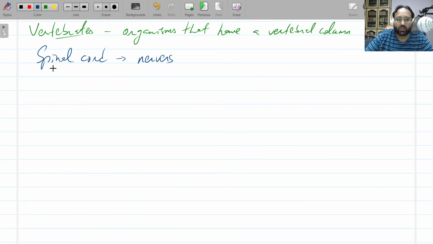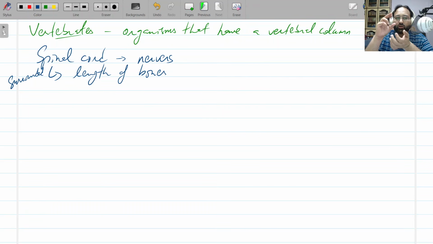And around that, this is surrounded by a length of bones to be more particular, right? So they are bones that are called vertebra, and they're joined together and they form like a pipe or a tube, a passage inside which the spinal cord is traveling.